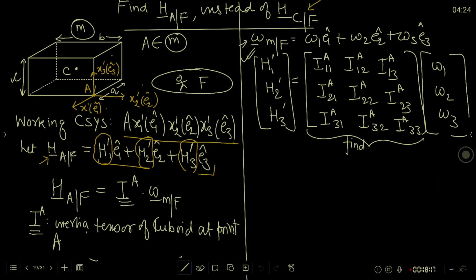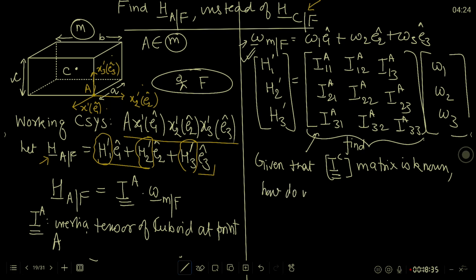So I pose this problem: given that the IC matrix is known, how do we find the IA matrix?